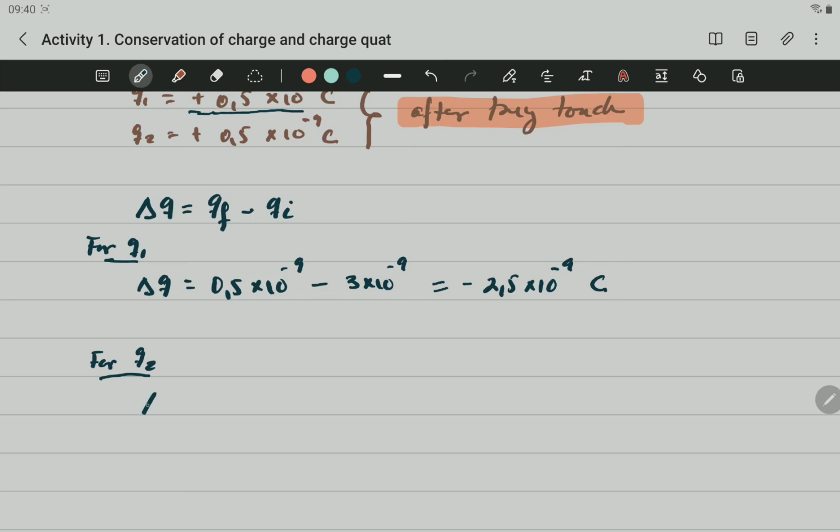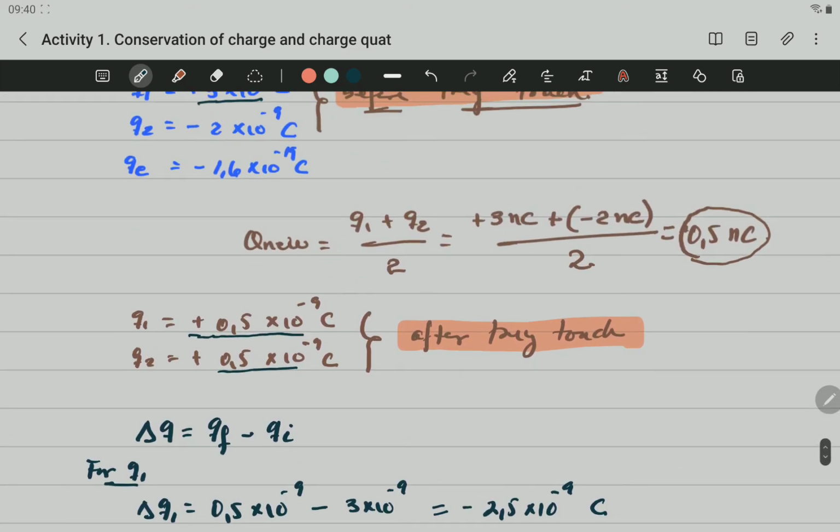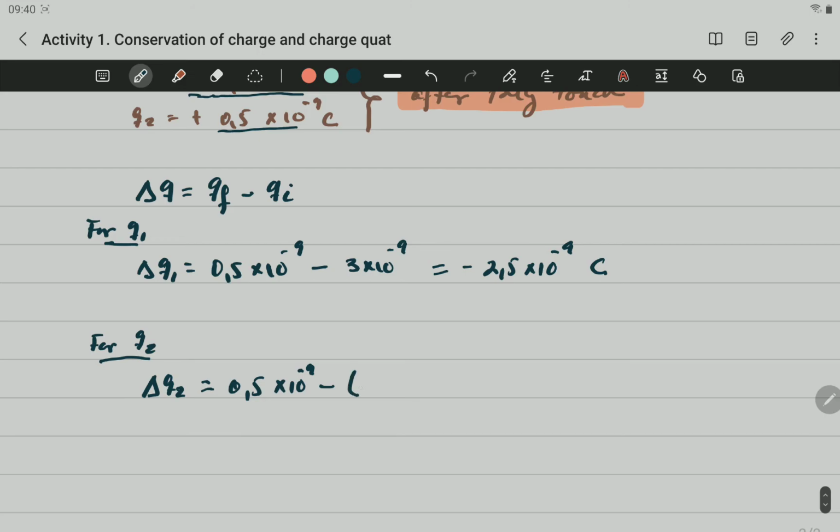So change in charge 2, remember we're working with 1 here, here with 2, is equal to final charge, which is 0.5 still, 0.5 is the final for both of them, minus the initial that was negative 2, minus negative 2 times 10 to the minus 9, and this is going to be equal to positive 2.5 times 10 to the minus 9 coulomb.